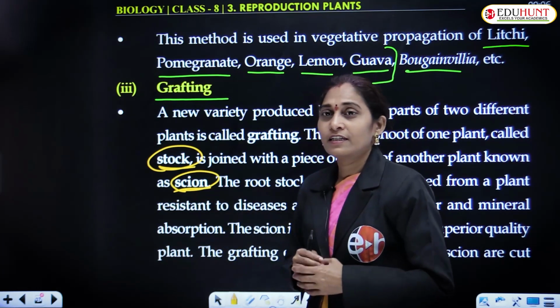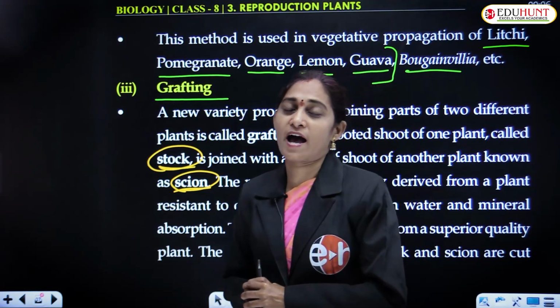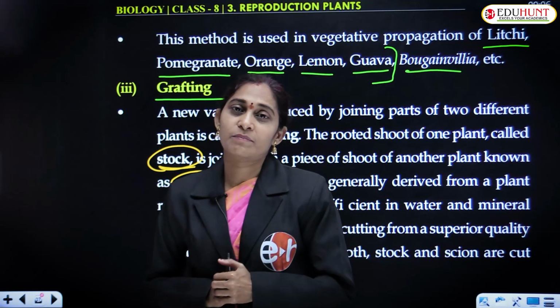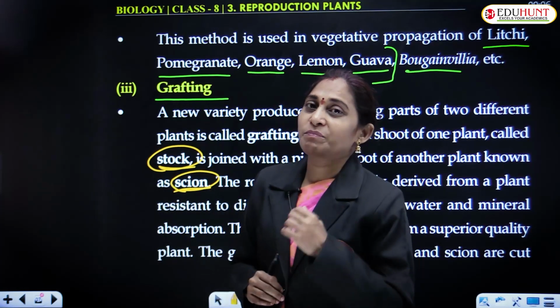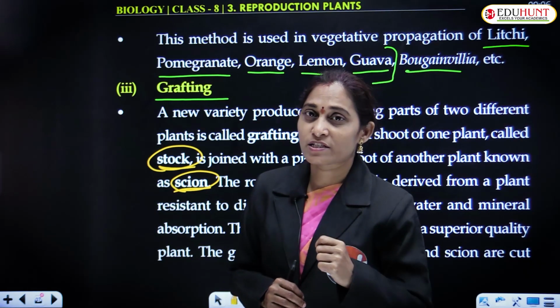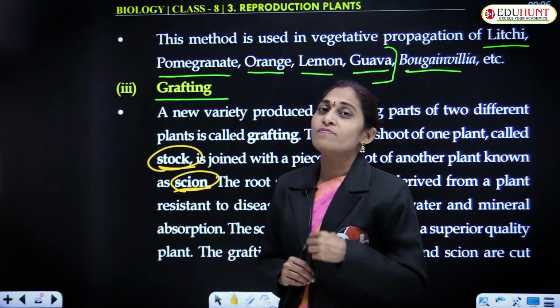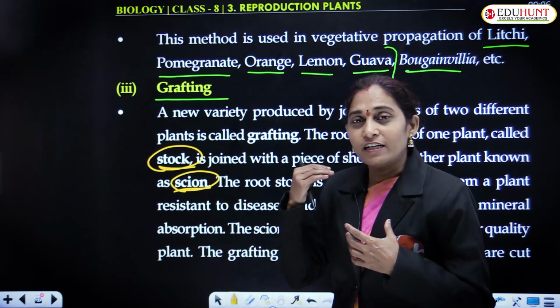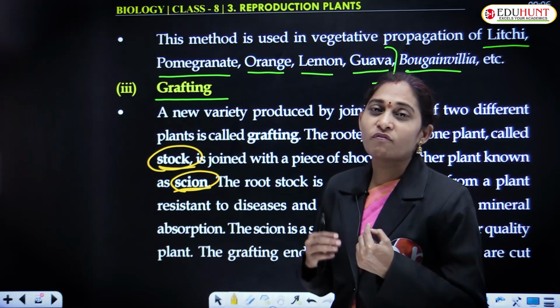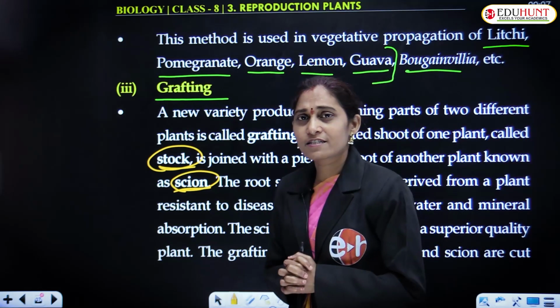That is, in grafting, while we do this technique, we should have two parts from two different plants. The basal, rooted part is known as the stock, and the second part is known as the scion. It is the stem part of another plant. The scion is inserted.